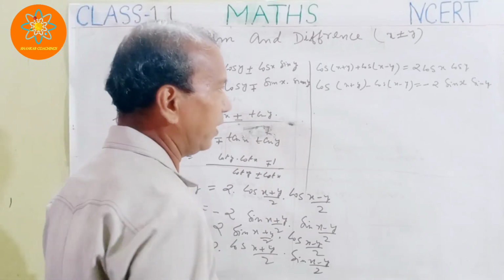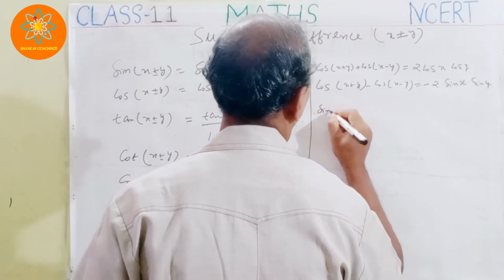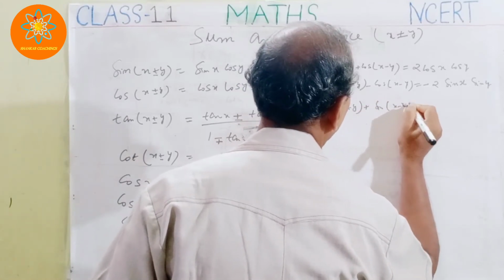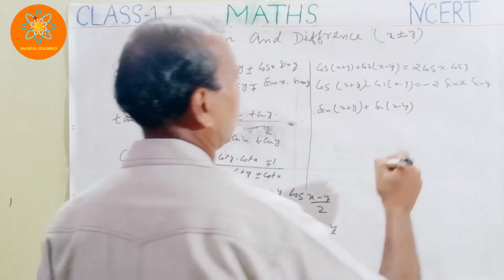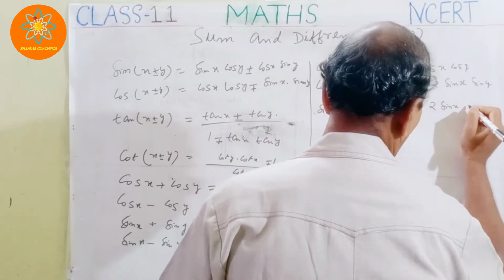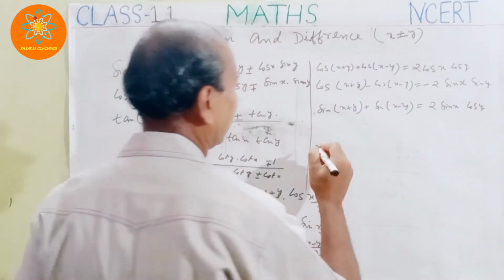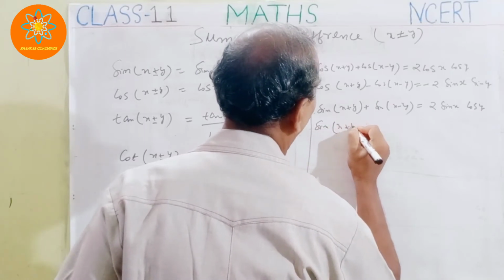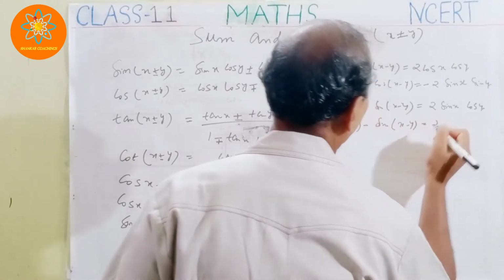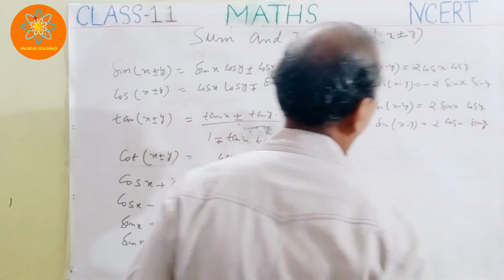Similarly, if I take sine (x plus y) plus sine (x minus y), this is equal to 2 sine x cos y, and lastly sine (x plus y) minus sine (x minus y) is equal to 2 cos x sine y.